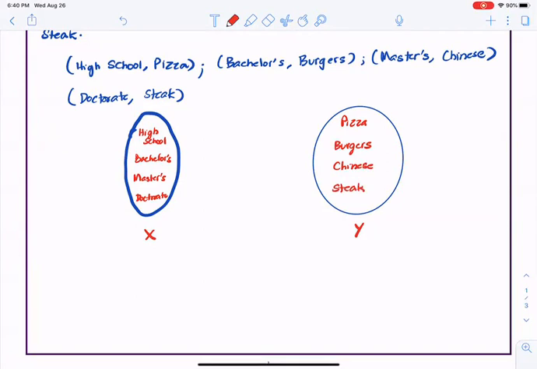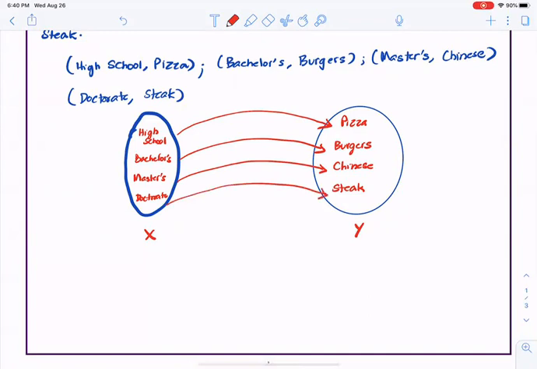Again, in this problem, we can kind of do it interchangeably, but the reasonable thing to do is the type of food would depend on the level of education. So from high school, we can relate high school to pizza. We can relate bachelor's to burgers, master's to Chinese, and doctorate to steak.